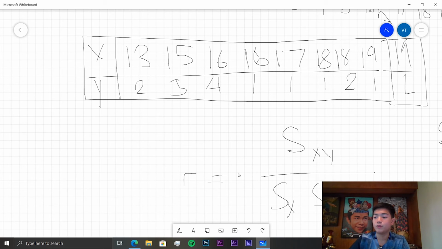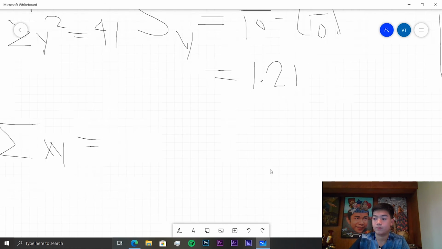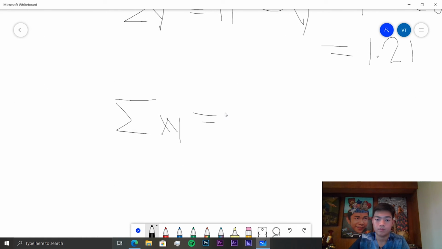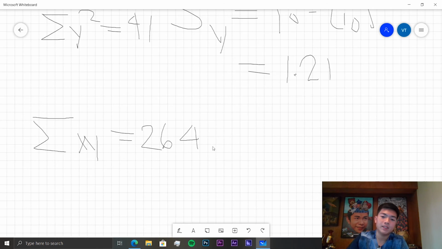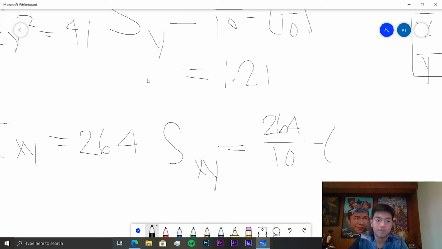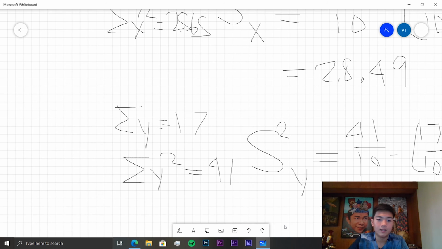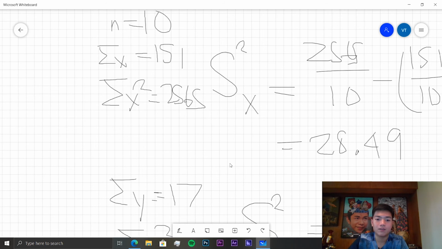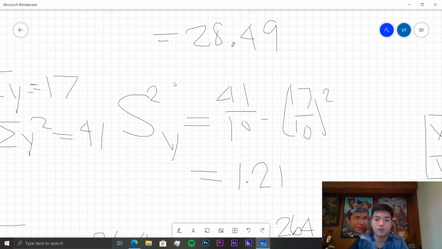So that's equal to 264. And since we already have the means, we can simply say the standard deviation of this will be equal to 264 divided by 10 minus the means times each other. So this would be 1.7 times 15.1.